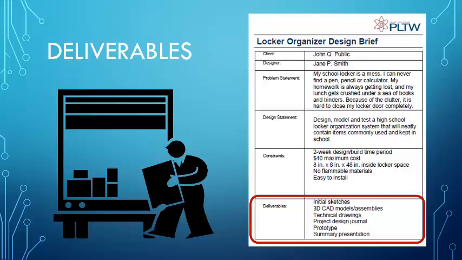It could be the initial sketches that you've done, 3D CAD models, assemblies you've made, any kind of detailed technical drawings, some type of design journal that you've kept, prototypes that you've created, and summaries of your process. All these things are those proofs of action, and those are the things that I, as the client, would want to see.